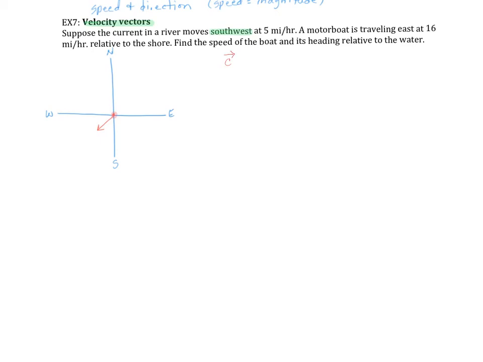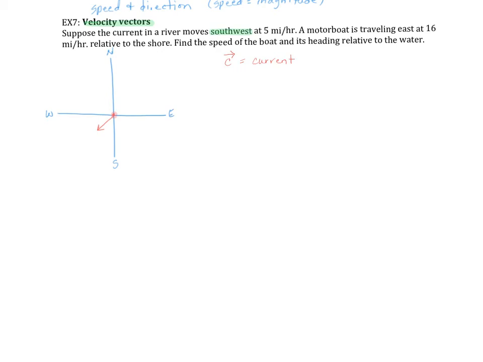Typically in physics we stick to U, V, and W, but I'm going to use C. Remember, it doesn't matter where I put these vectors, so I might as well put them in my diagram with tail at origin. Because remember, vectors are equal if they have the same magnitude and the same direction. Position doesn't matter, so to make all the computations easy, I'm just going to put tails at origin.